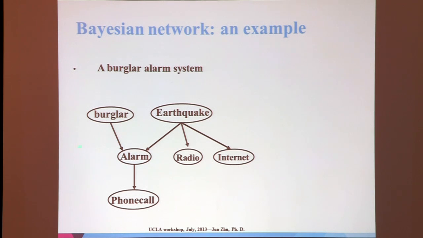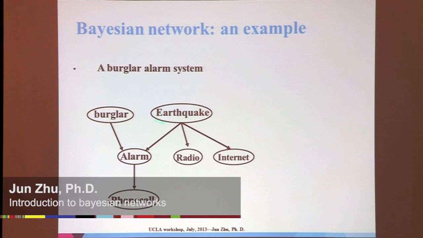Then it's better to hurry home and at the same time probably call the police. So this one is general. It's an expert system, so you already know the causal relationship, and then you can also train it. There's a chance of this earthquake.